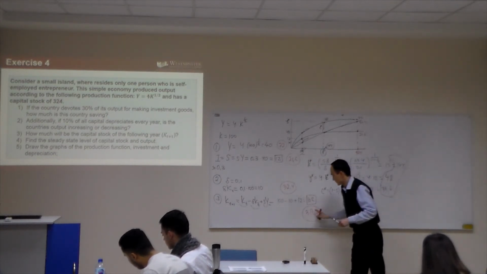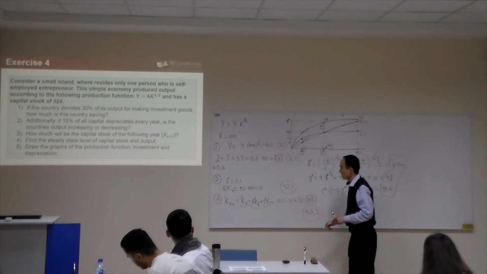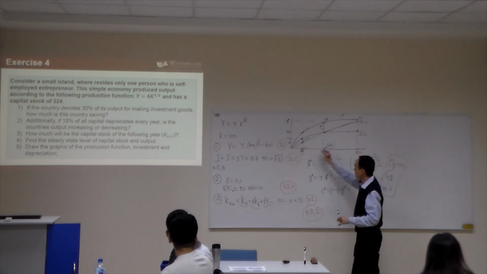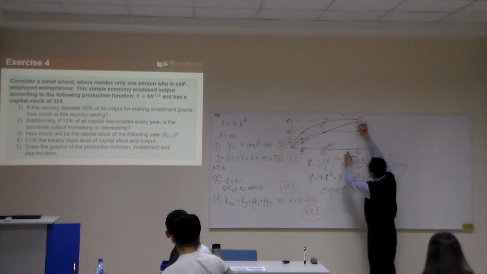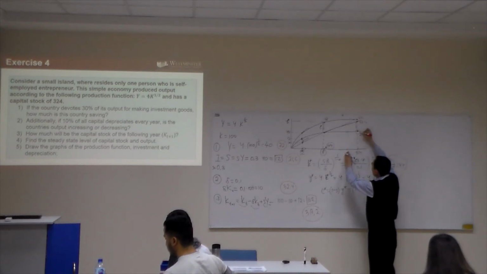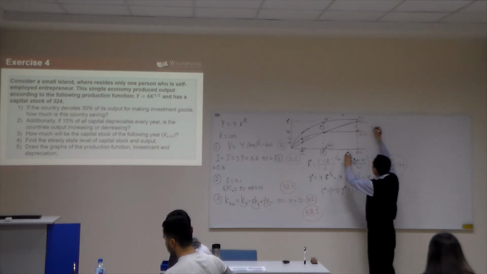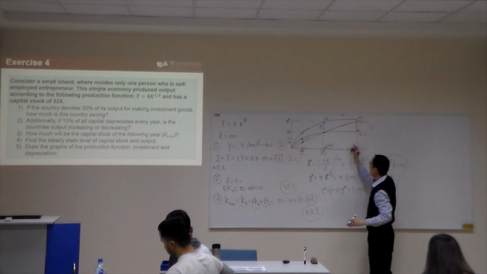Next year's capital is now decreasing, right? We know that this horizontal line does not represent time, it represents capital. So next year capital is going to change by this much. Why is it decreasing? Because investment is less than depreciation. Investment minus depreciation is now negative, so it will be moving to the left.